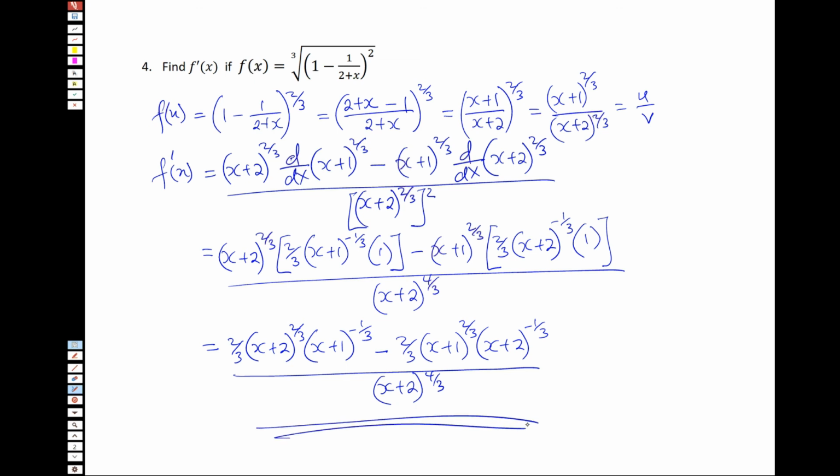Now, of course, you can simplify this further, but I'll just stop there because what we need is just the derivative of this function. And that's basically what we have here.